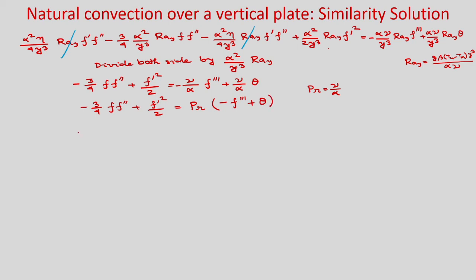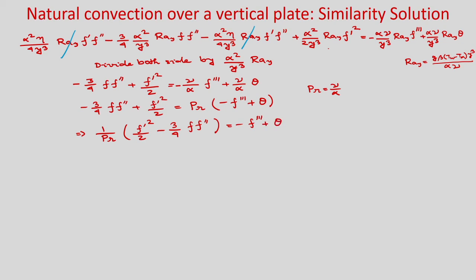Okay. So, if you write in this way, so it will be 1 by Prandtl number into f prime square by 2 minus 3 by 4 f double prime. Okay. And in the right hand side you will have minus f triple prime plus theta.